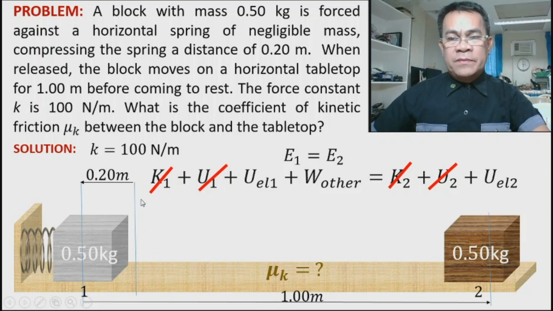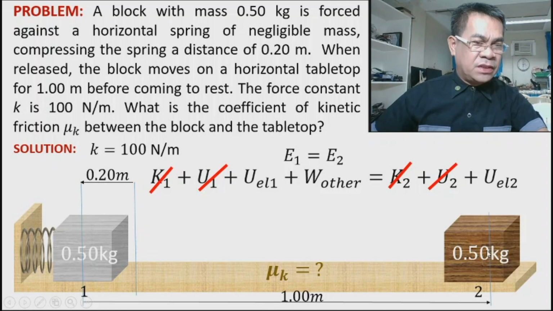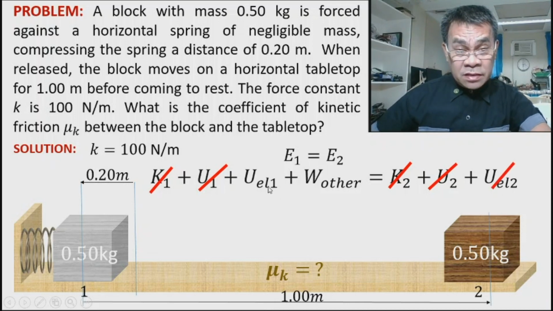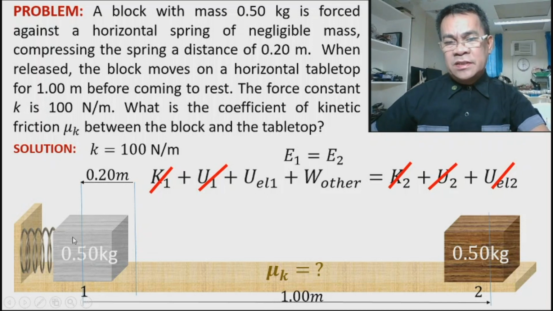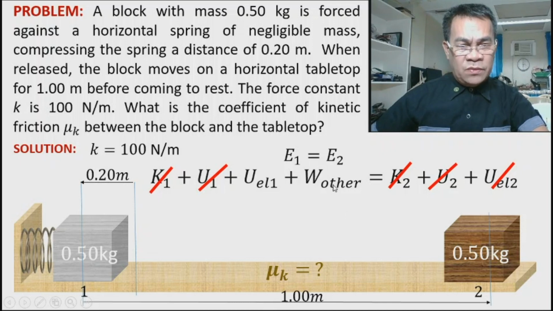Now take note that the spring is present only in the initial, and we have no spring involvement in the final, which means that our final elastic energy should be 0 also. So we have only two terms. Okay? The terms are the initial elastic potential energy, which is caused by the spring, and the work done by the other.